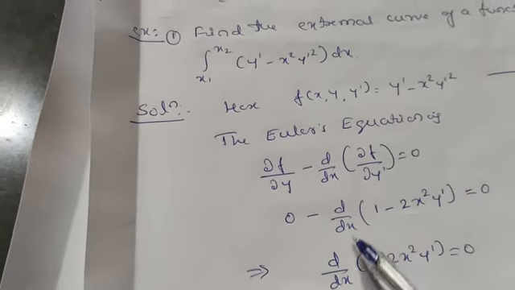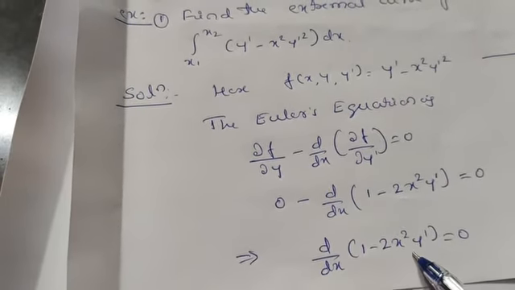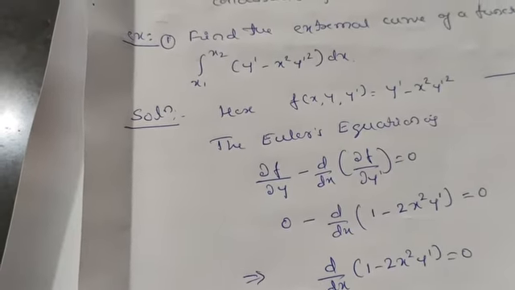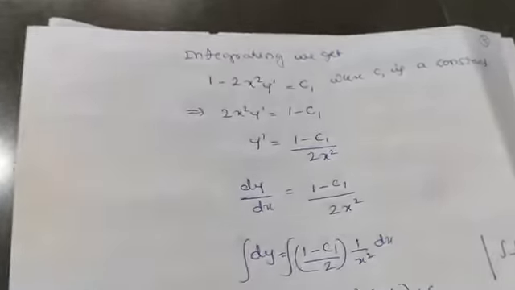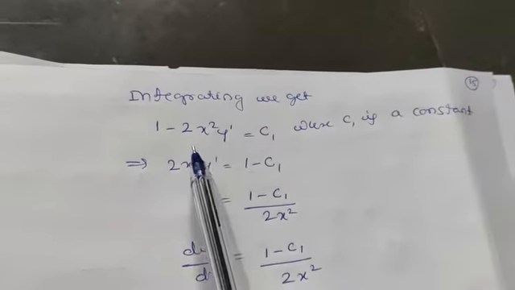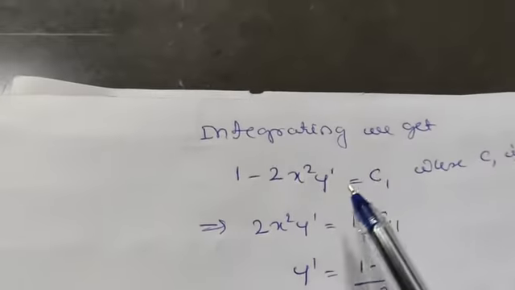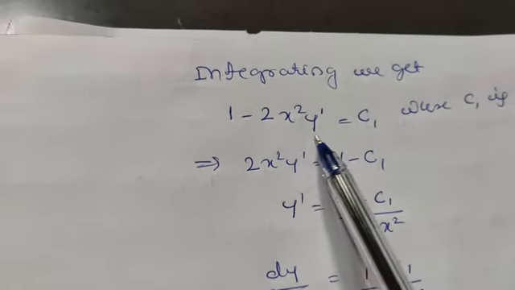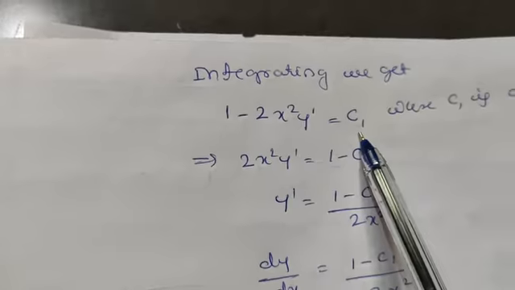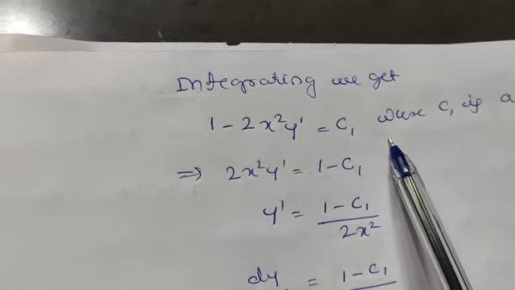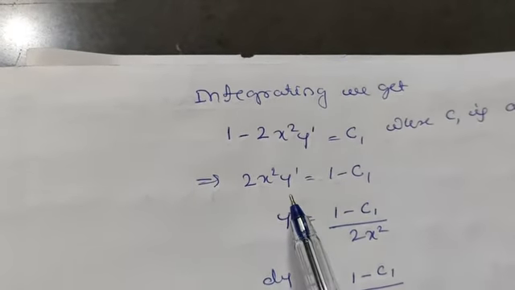So this implies d/dx of (1 − 2x²y') = 0. Let us integrate on both sides. Differentiation and integration get cancelled. We have only this 1 − 2x²y' = c1, where c1 is the constant of integration.